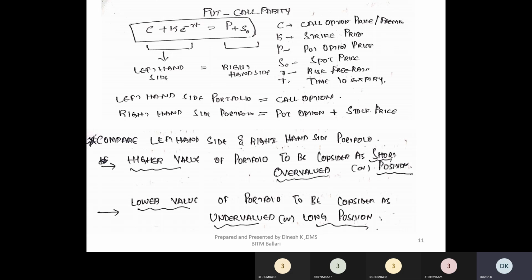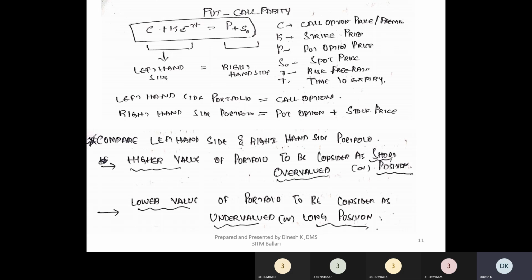When you take short position on the put option, you will receive the cash. So what you will do here, you have to invest this cash, right? So you will be depositing this cash at the risk-free rate, right? At the other side, when you take long on equity, right, you need to pay the cash because you want to take a long on equity, you have to buy the long position for which you need to pay.